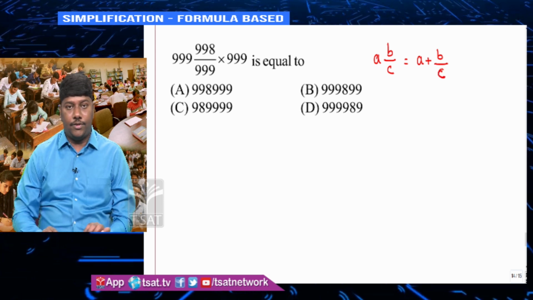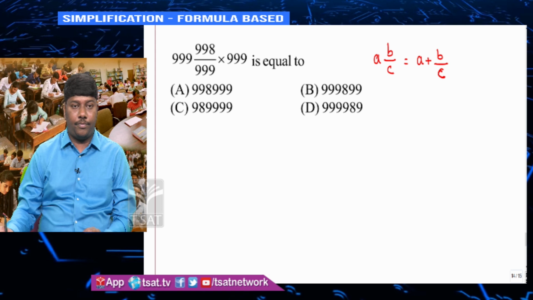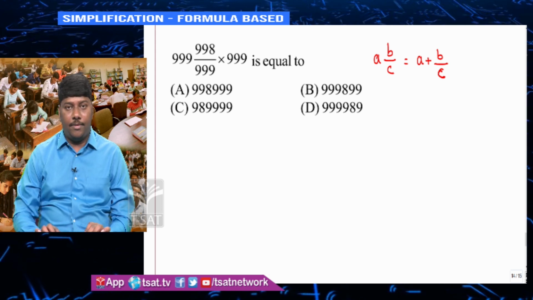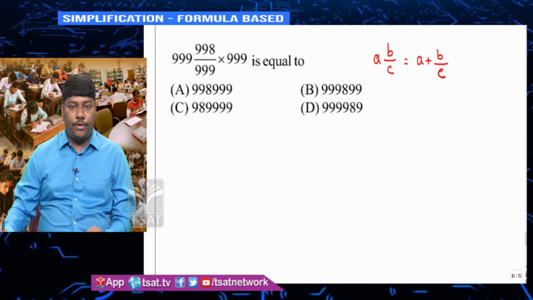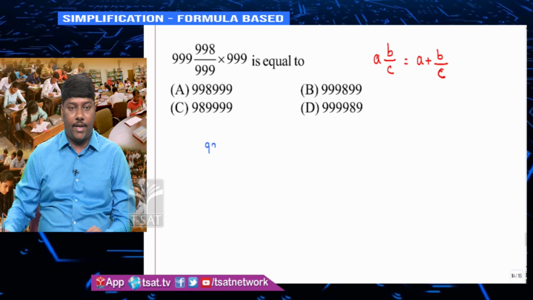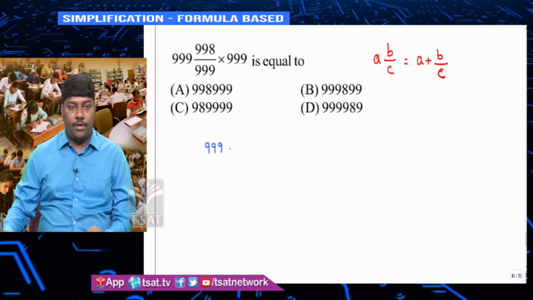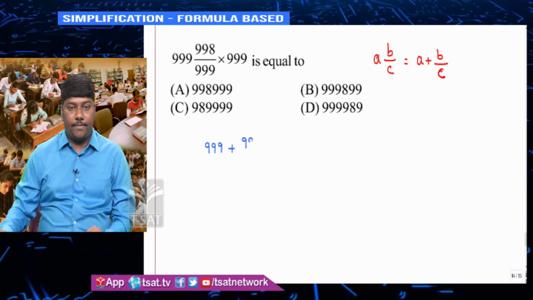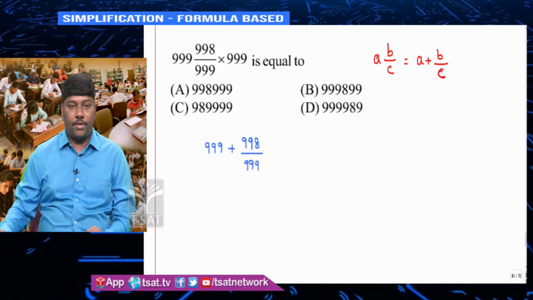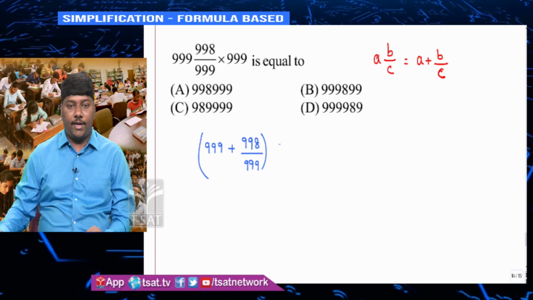But before we solve this particular question, this question can be solved in more than one way. The normal way of solving it, if you write it in the form of a plus b by c, you can write it as 999 plus 998 divided by 999 into 999.